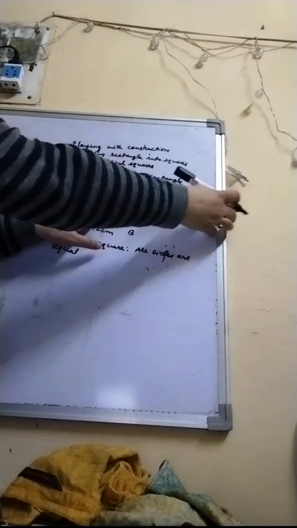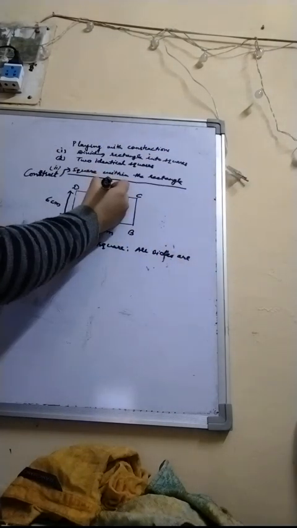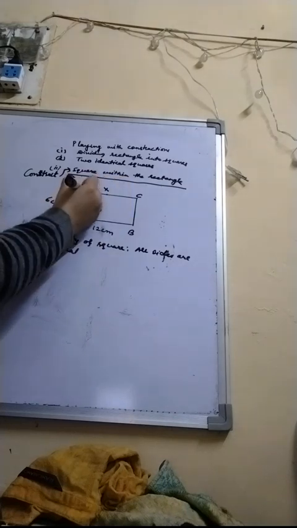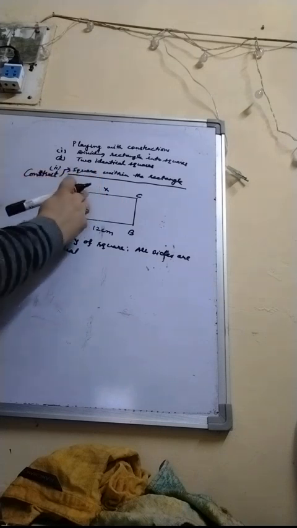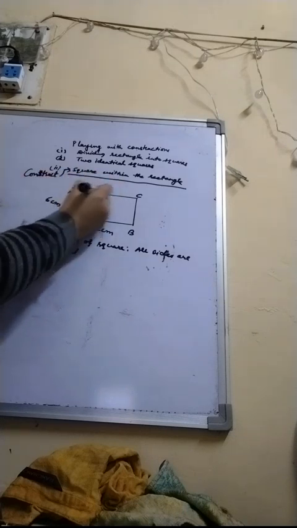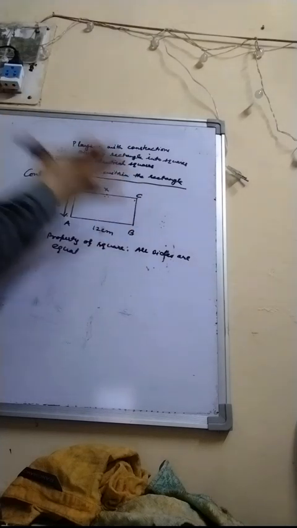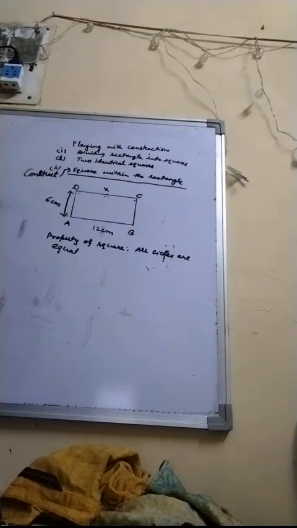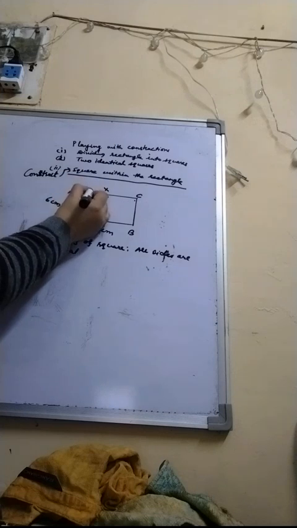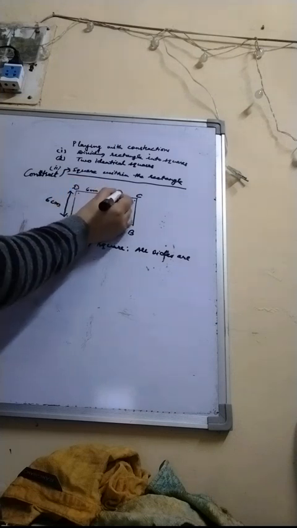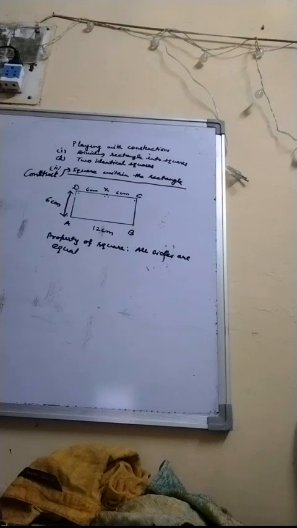So that would be my first point. Let's say X. Now this is half, DX is half and XC is a half, and together they make the length. So DX would be 6 centimeter and this would also be 6 centimeter. This you have to remember.